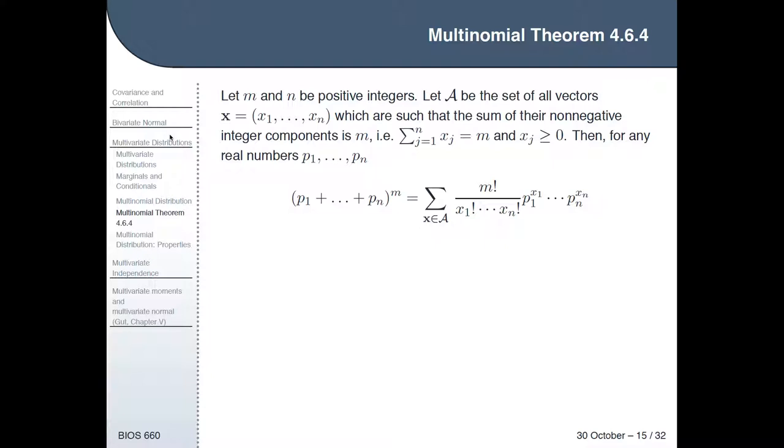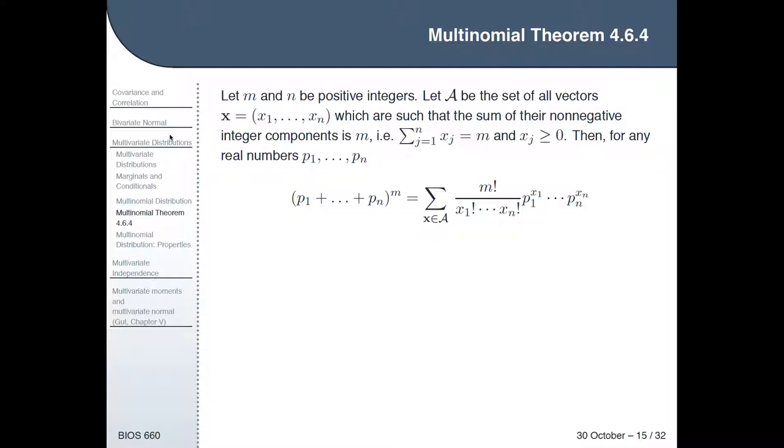Then you can show that (p1 plus p2 up to pn) to the power m is that sum right there, which should hopefully look similar to the formula for the PMF of the multinomial distribution that we saw on the previous slide.